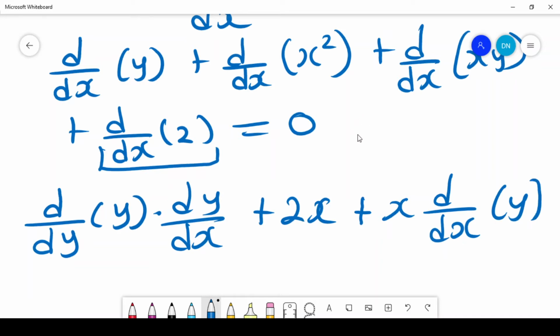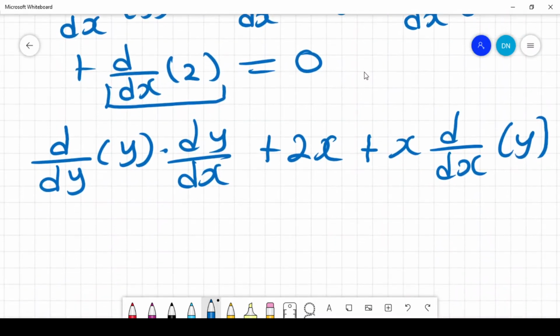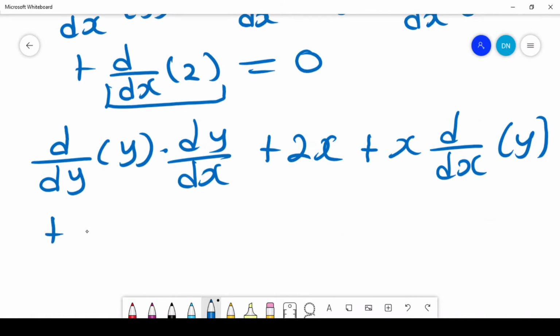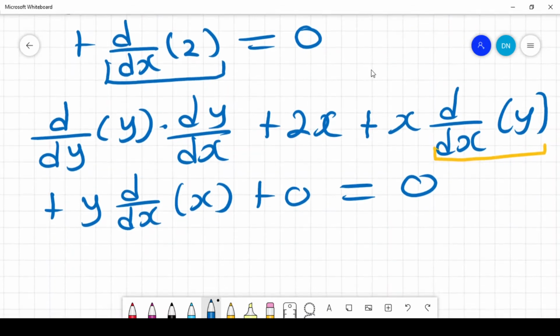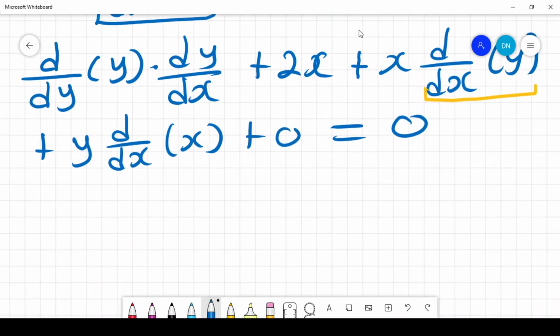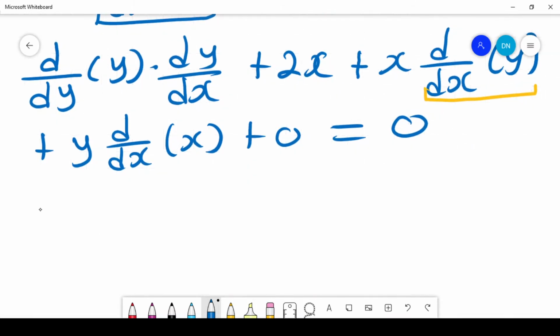So I keep x aside, I differentiate y, and then the second time I keep y aside, I differentiate x, and that will be equal to 0. So I still have to apply the principle of implicit form there, not explicitly, but implicitly, because it is a y. If I look at this equation, d/dy of y is 1.